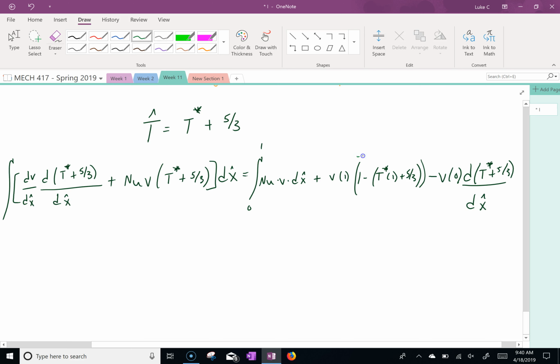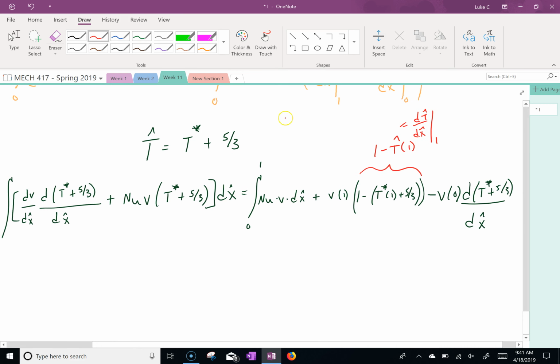So this term right here, oh, I didn't want that color, I wanted red, is actually the boundary condition, which was dt star over dx star at 1. Okay? That's just the boundary condition on the right side of the beam. If you remember, we're looking at it like this.